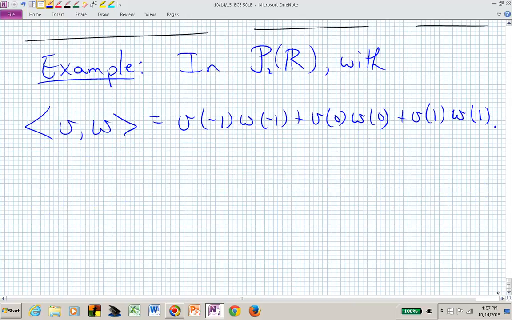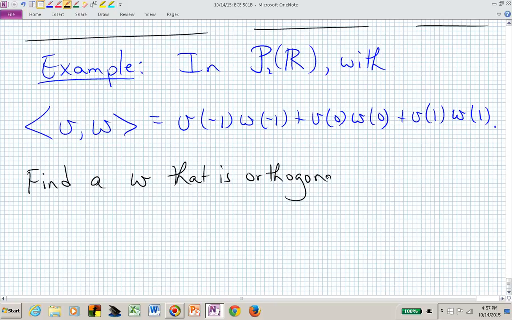So now what we want to do is find a vector, find a w, that is orthogonal using this inner product.